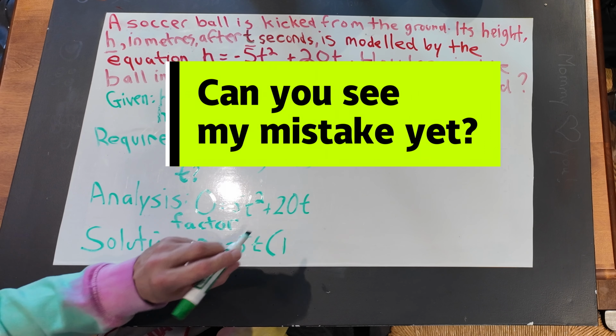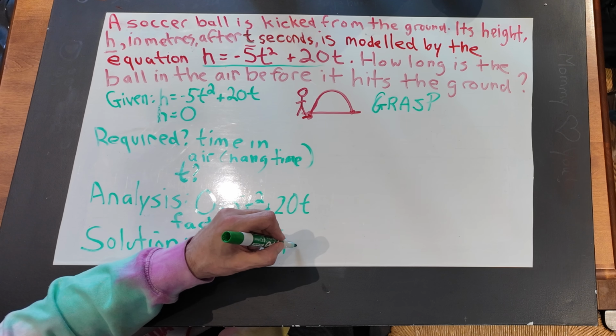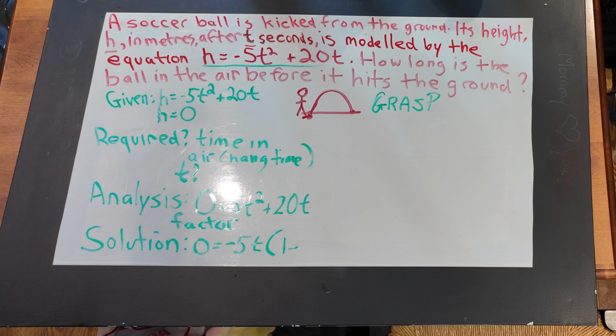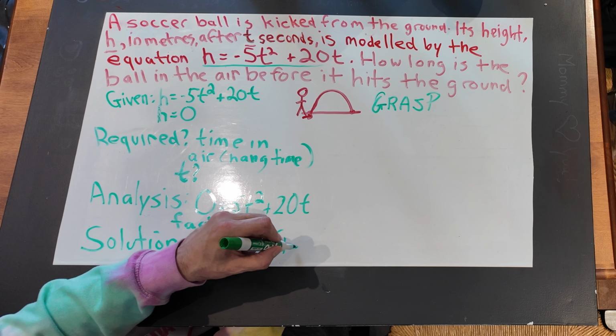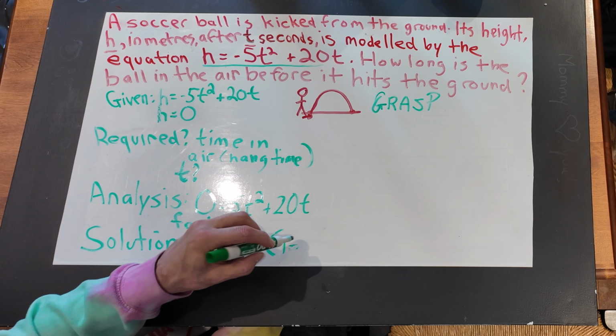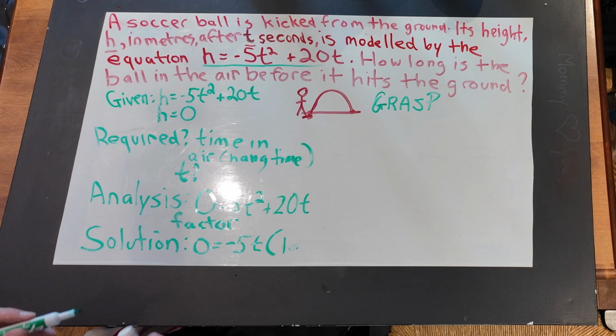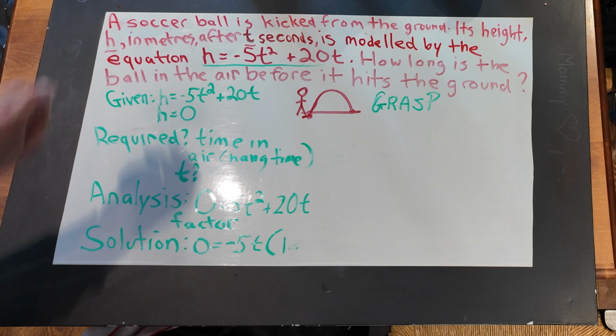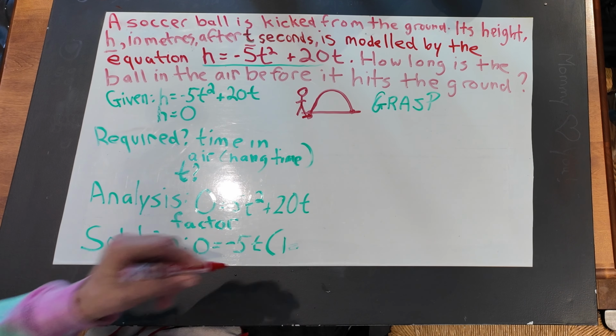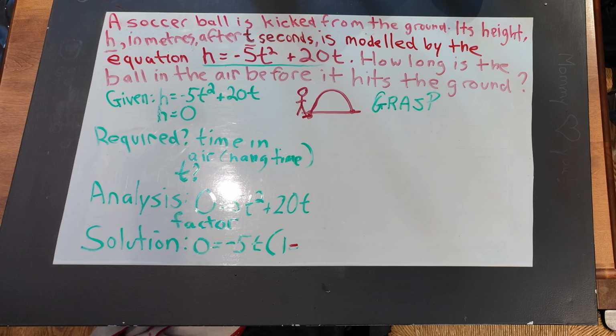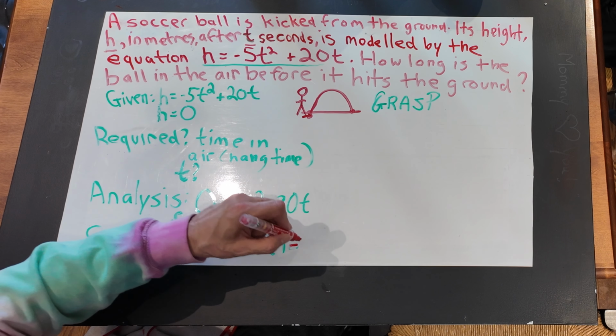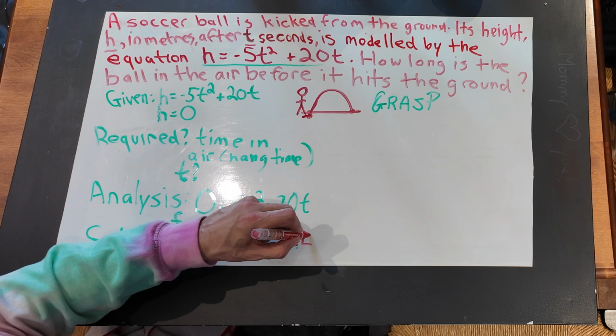Now, this is where we've got to get our signs right. 1 minus... I'm fearing my markers are going to die on me a little bit, so I'm going to bring in a new marker. Yay. 1 minus 4.